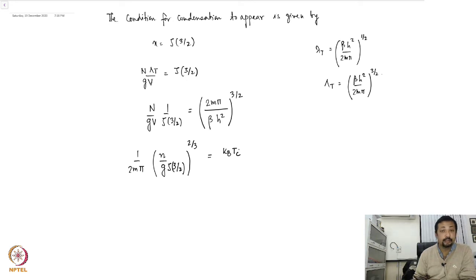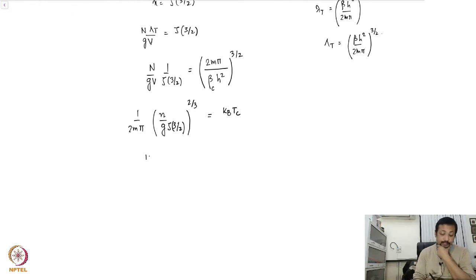So we will replace the beta here by beta c, indicating that this gives me the temperature. So you have a critical temperature kb Tc, which is given by 1 over 2m pi times n over g times zeta of 3/2 raised to the power 2 by 3.